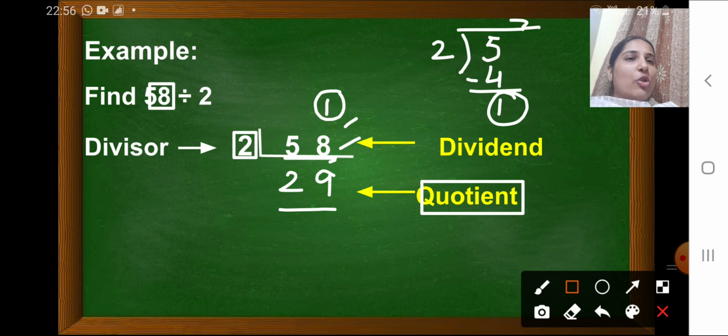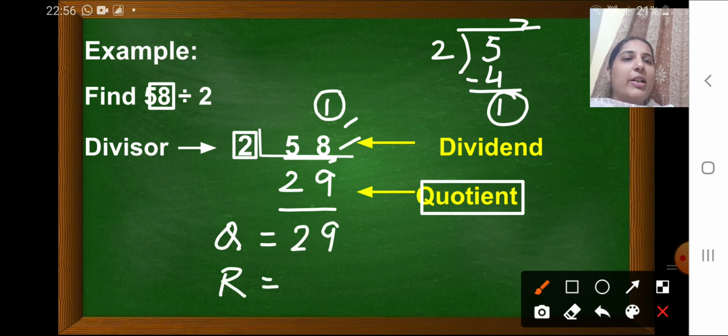What is the quotient obtained here? Quotient will be 29 and the remainder, what will be the remainder, children? Remainder will be 0. Okay. Now let's see one more example.